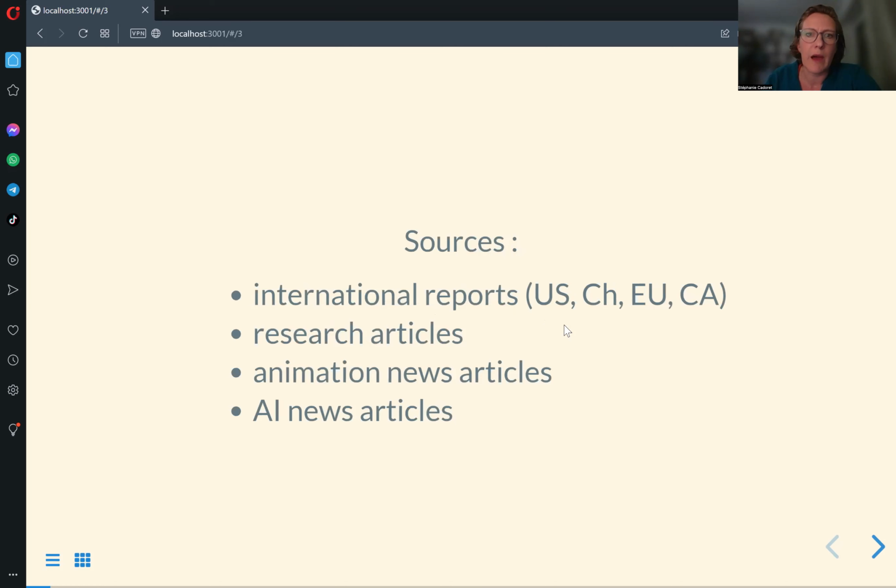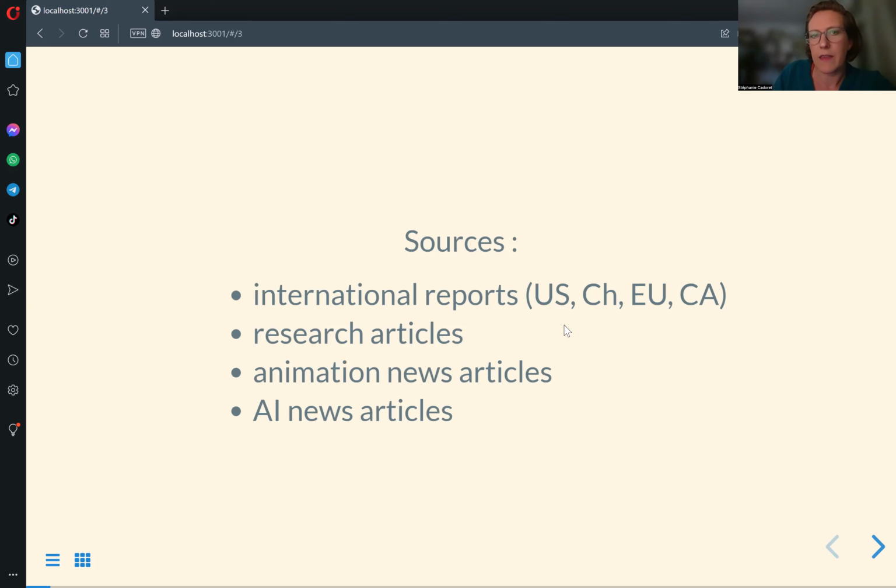The sources I will be using are international reports commissioned by institutions, also research articles and a lot of Chinese articles, actually. The Chinese sources are numerous, and sometimes they are difficult to assess because of poor translation, and sometimes they have obvious propaganda in them.